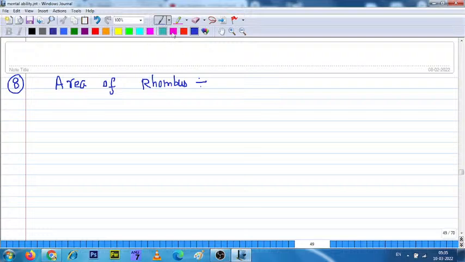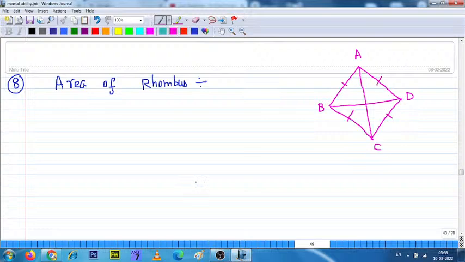The shape of the rhombus will be like this. Say A, B, C, D. BD is a diagonal and AC is a diagonal. Here AB equals BC equals CD equals AD, but AC does not equal BD. This is called a rhombus, right?